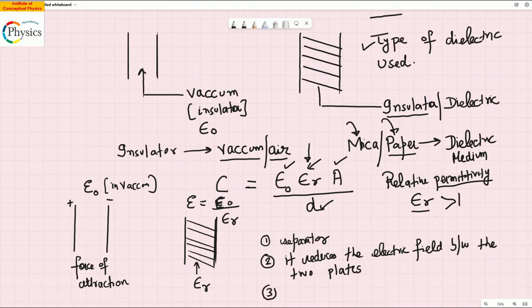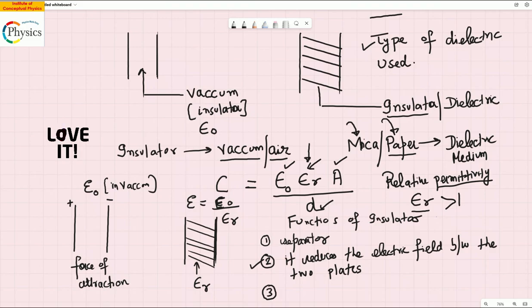Let's talk about the third. We are talking about the various functions of an insulator. What is an insulator being used for? It's used as a separator because there is a lot of force of attraction. It keeps the two attracting plates separate. Second, it reduces the electric field between the two plates.